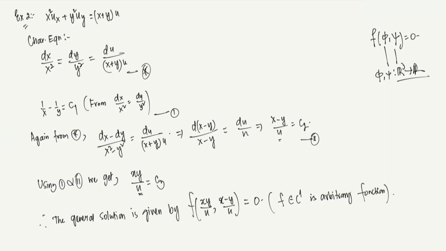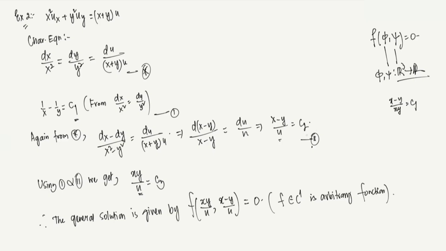Please understand this is a general solution. You can write it in many different ways; it's not like this is the only way. You can use 1 and 2 and write it like, let's say, u equals, from here, from 1 you get (x minus y) by xy equals c1.